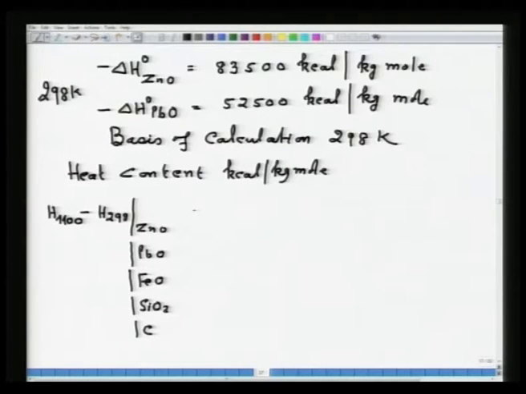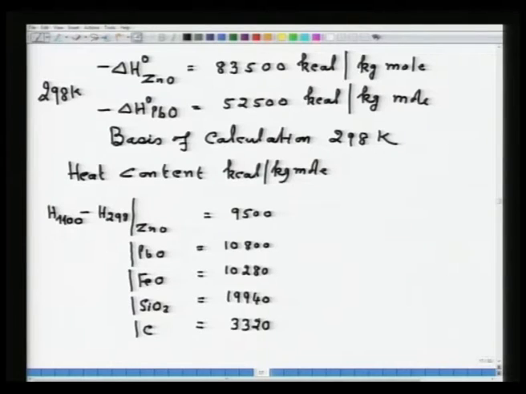These values are for ZnO 9,500, for lead oxide 10,800, for FeO 10,280, for SiO2 19,940, for carbon 3,320. So, these are the values for zinc oxide, lead oxide, FeO, SiO2 and carbon.